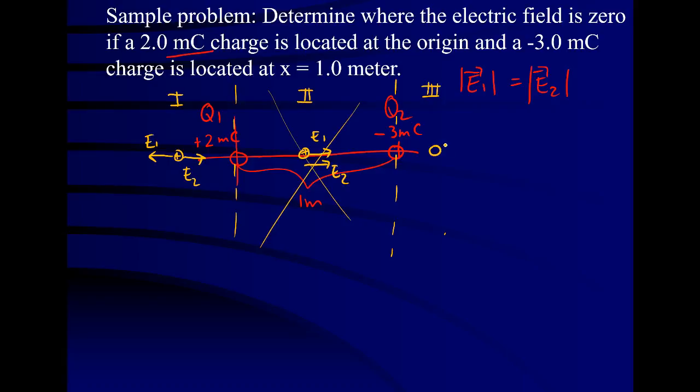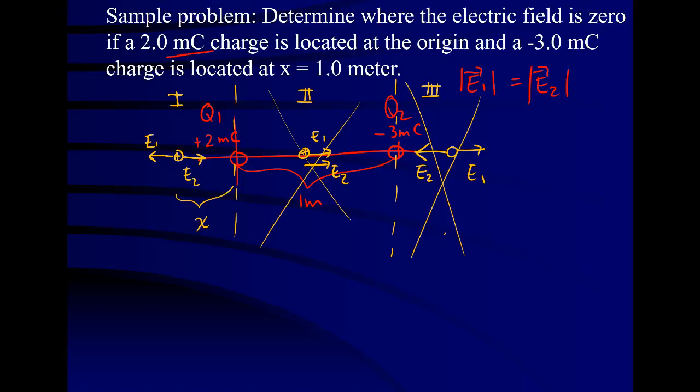In region 3, we'll be attracted to charge 2 and repelled from charge 1. So you might think that region 3 could also work. But it turns out that since we're closer to the larger charge, region 3 is not going to work. So the only one that's going to work is region 1, and we can just label this distance x.